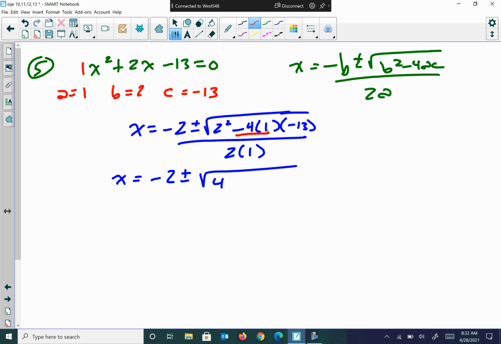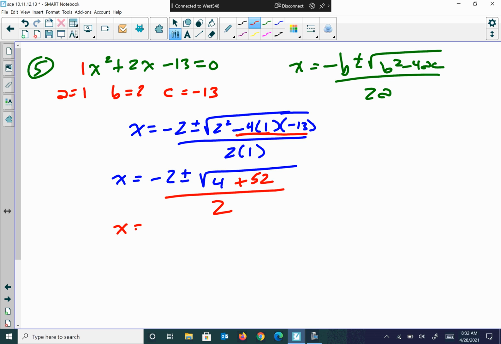Negative 4 times 1 is negative 4, and negative 4 times negative 13 is positive 52, all over 2, because 2 times 1 is 2.